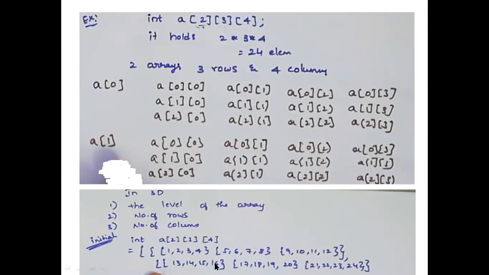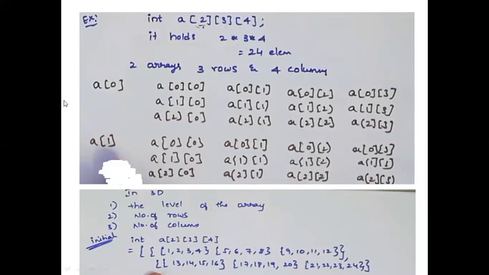Where will 13 14 15 16 be stored? When the first index is 1 and the second and third indexes are like this, a of 0 0, 0 1, 0 2, 0 3. Where will 17 18 19 20 be stored? In a of 1 0, 1 1, 1 1 0, 1 1 1, 1 1 2, 1 1 3.